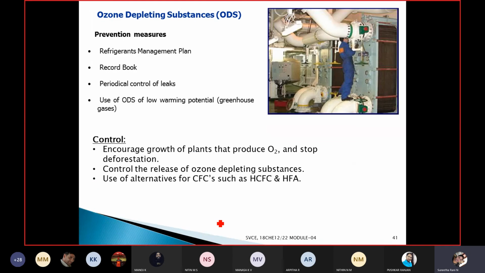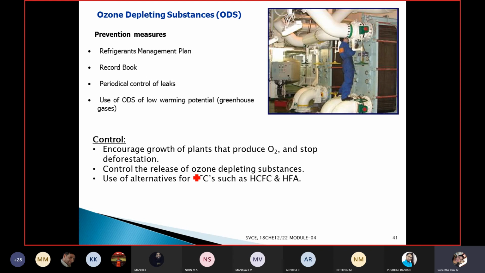Next, ozone depletion can be controlled by finding alternatives for CFCs, which are chlorofluorocarbons. The alternatives are such as HCFCs and HFCs, hydrofluorocarbons.